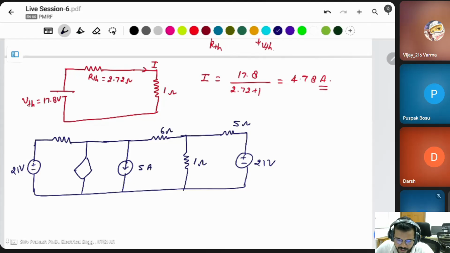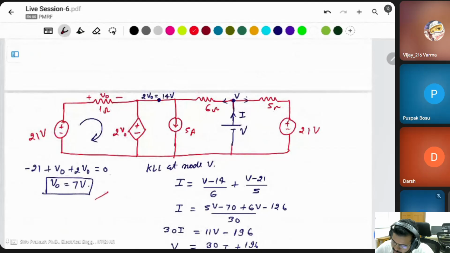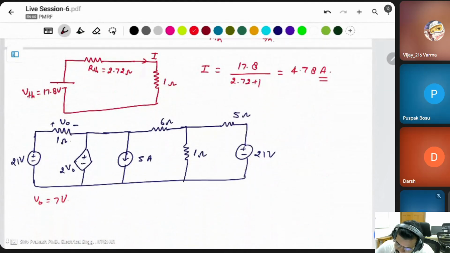Both are negative, so you can add this one, 196. And what is V? V is equal to 30 divided by 11 I plus 196 divided by 11. It will be V is equal to 2.72 I plus 17.8.